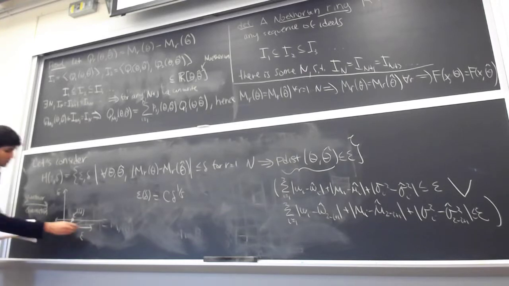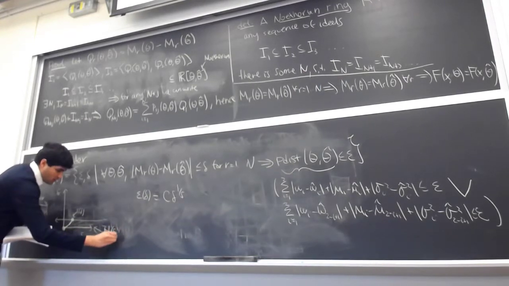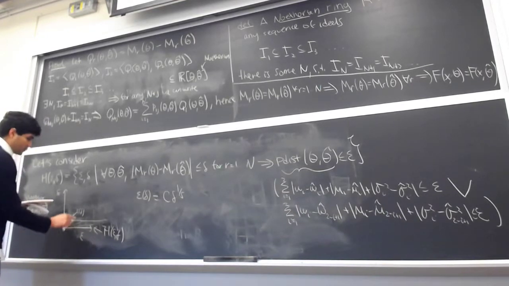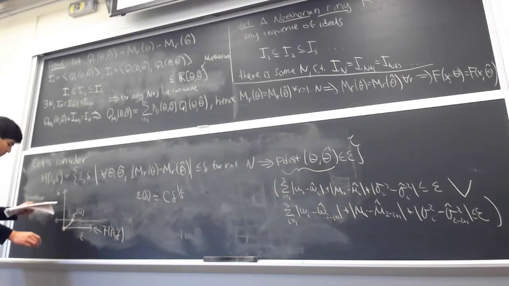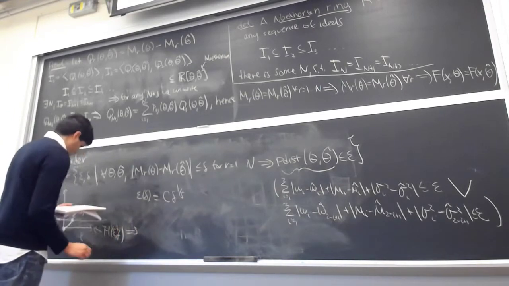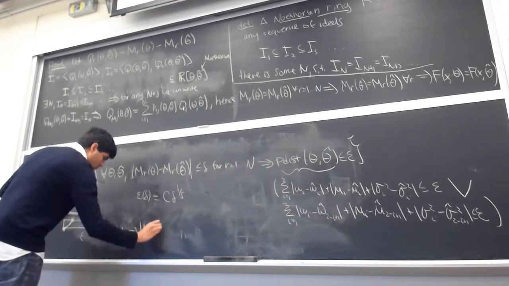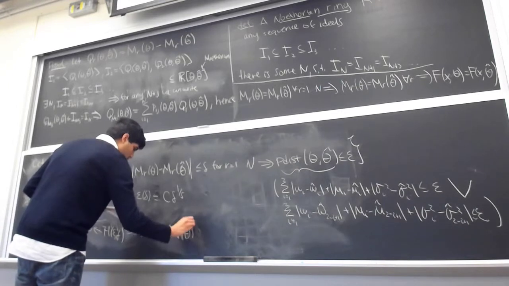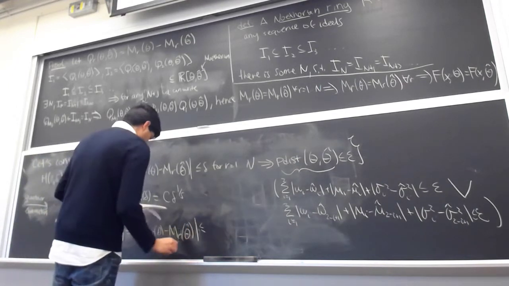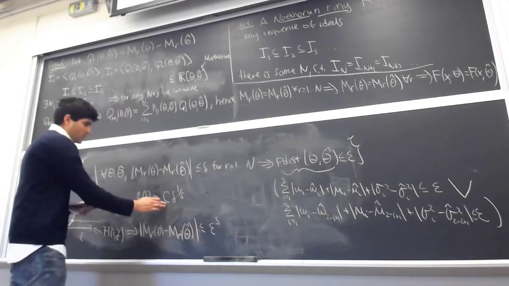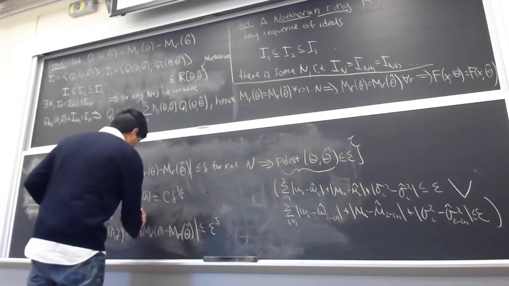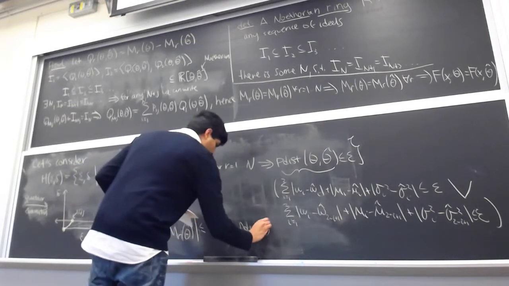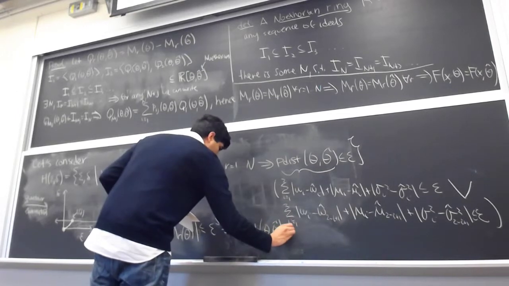So if you think about this set, h of epsilon delta, then what you're really saying is that you have this polynomial constraint that defines it right here. Well, it implies that if the moments are at most epsilon to the s, I'm going to ignore this constant right here, then the parameter distance between theta hat is at most epsilon.